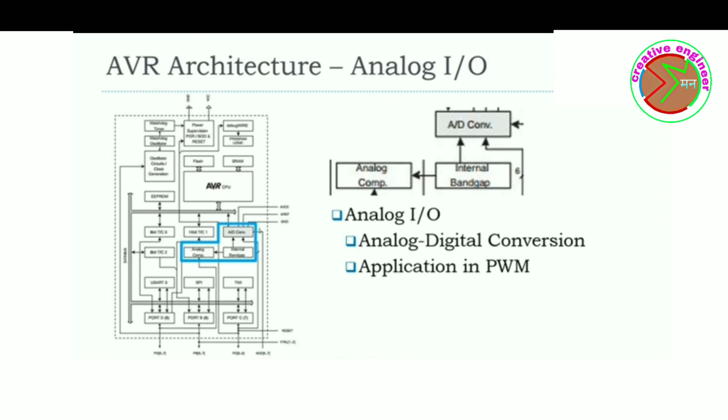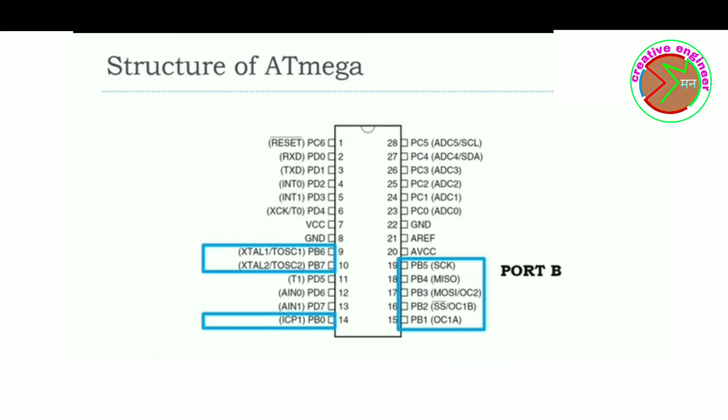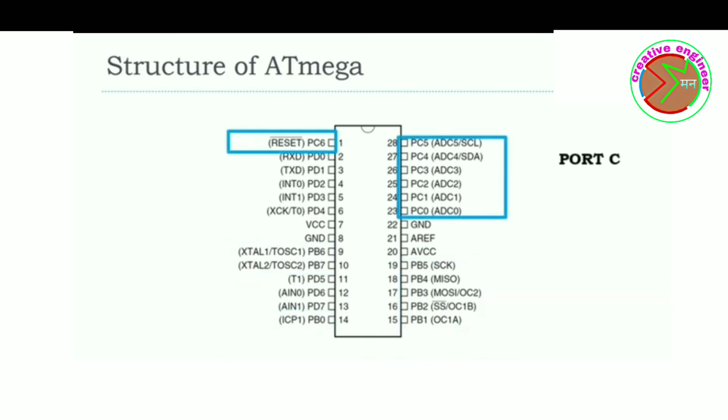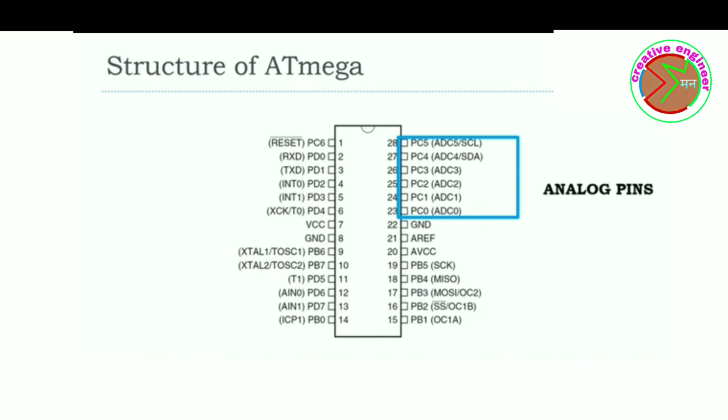Now that you understood the basics of the AVR microcontroller architecture, you will learn the pin structure of the 28-pin ATmega 328 microcontroller. Pins 9 and 10, and pins 14 to 19, correspond to port B. Pins 1 and pins 23 to 28 correspond to port C. Pins 2 to 6 and pins 11 to 13 correspond to port D. Pins 23 to 28, or the first 6 pins of port C, are the analog pins.